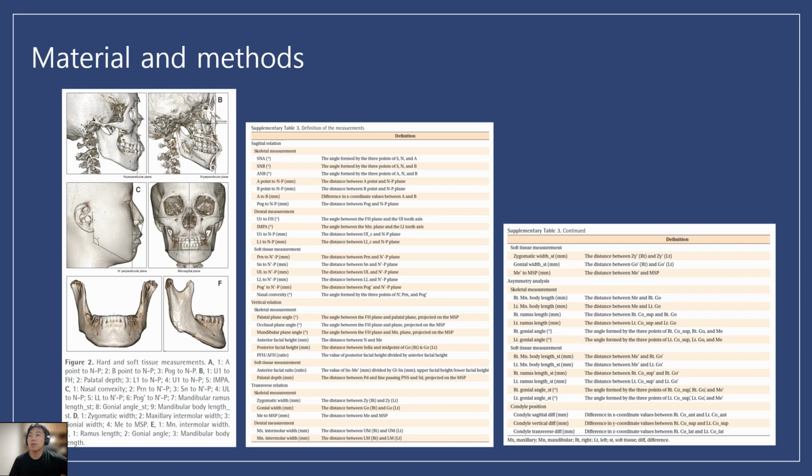For skeletal analysis of the oral and maxillofacial regions, sagittal, vertical, and transverse measurements were established and subdivided into skeletal, dental, and soft tissue measurements. Additional measurements were also performed to assess mandibular asymmetry and the sagittal, vertical, and transverse positions of the condyle.